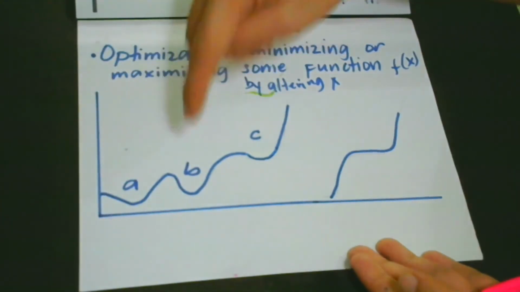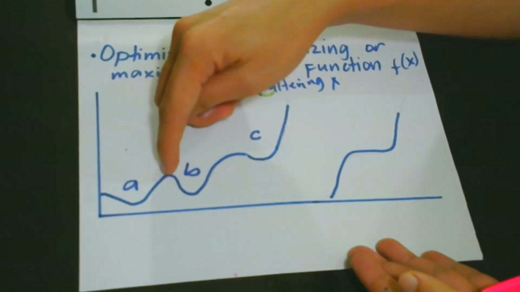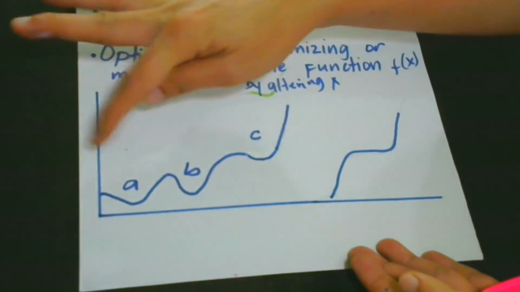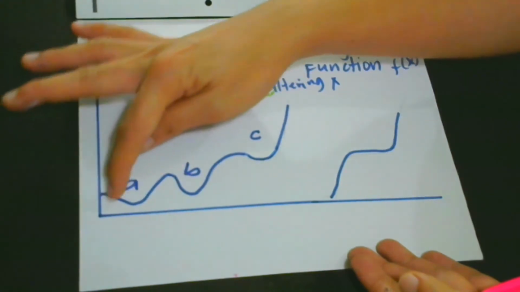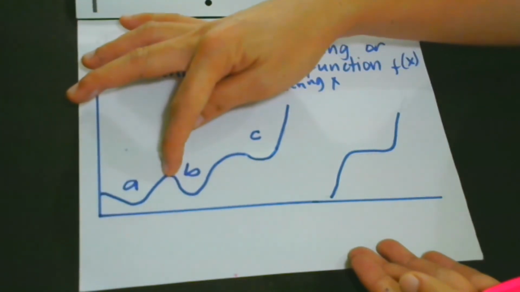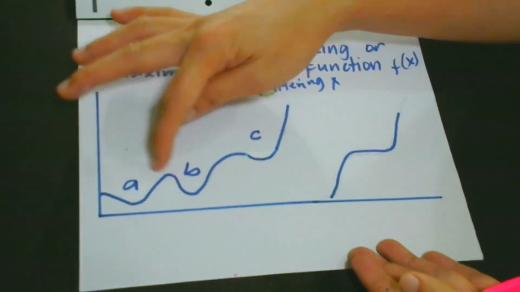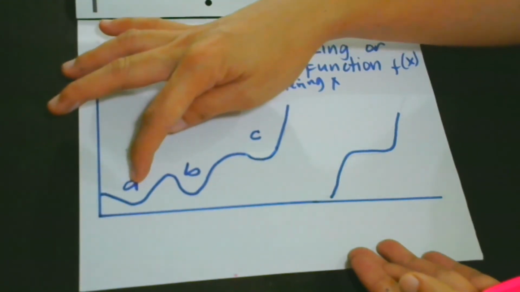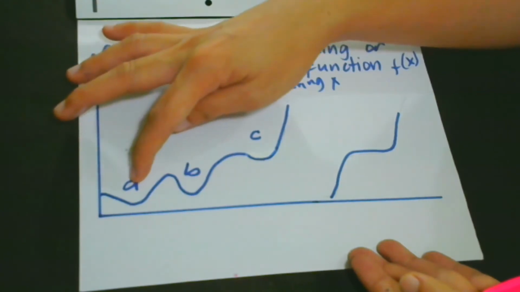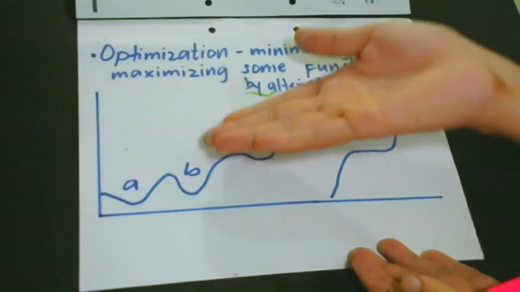But then it is blocked by this part here. So it is blocked, which makes it impossible to arrive at point A.